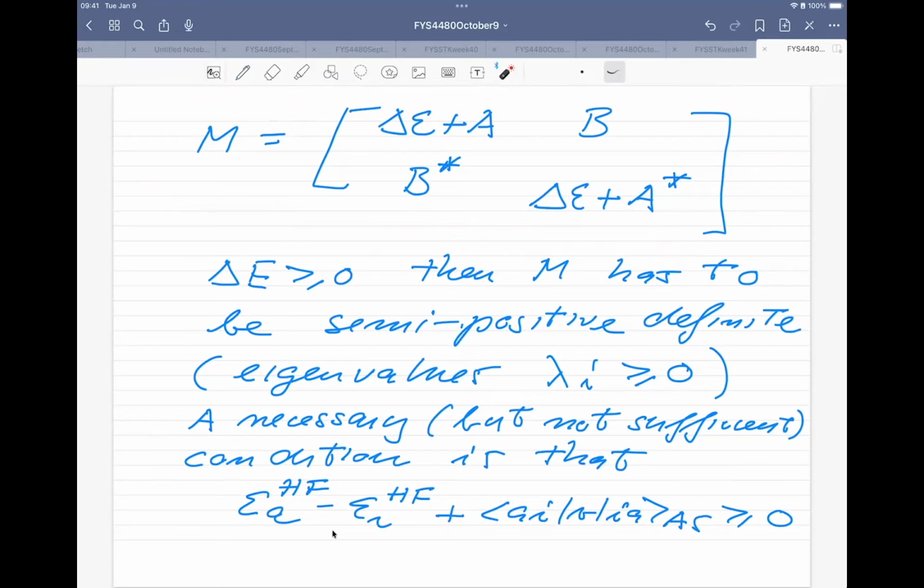If we don't want to diagonalize, but want to quickly inspect the matrix and see if it's possible that the Hartree-Fock conditions are obeyed, we can simply look at the diagonal matrix elements. It's not a guarantee, but it's a necessary condition.